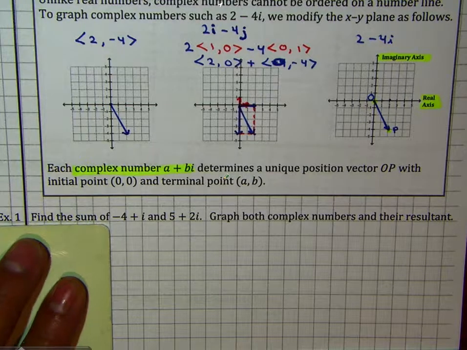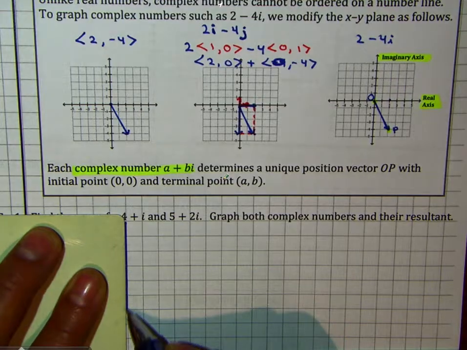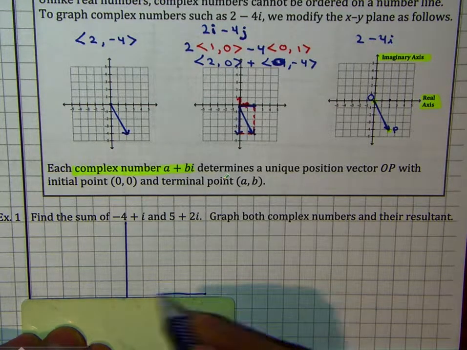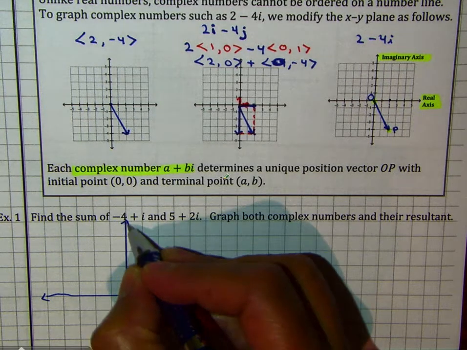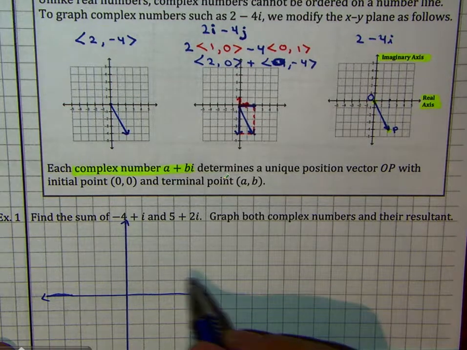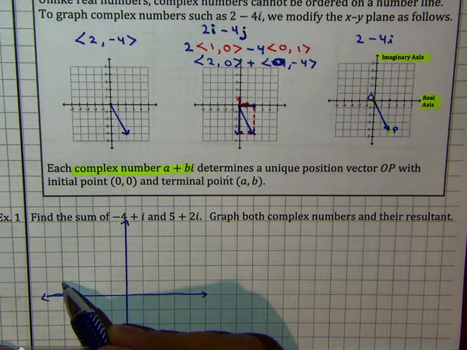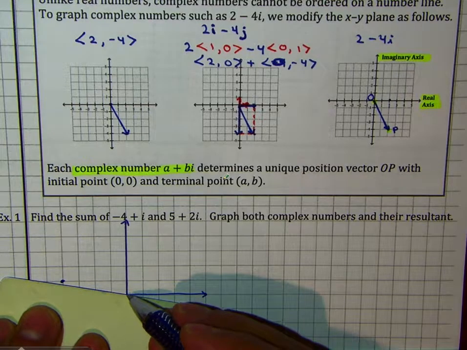I'm going to make a 5 by 5 graph. My first vector is negative 4 and up 1, where this is your real and that's your imaginary.